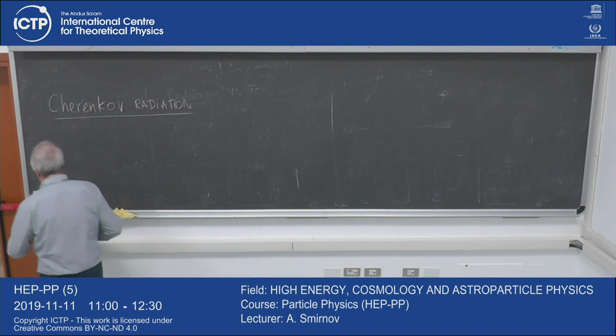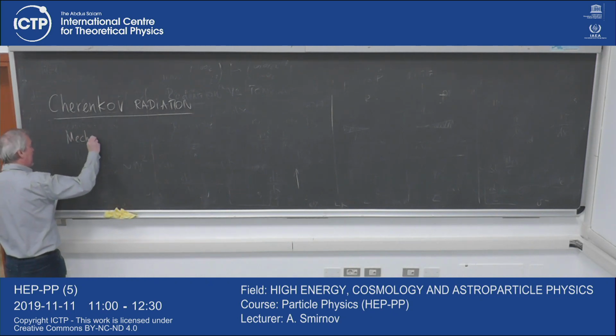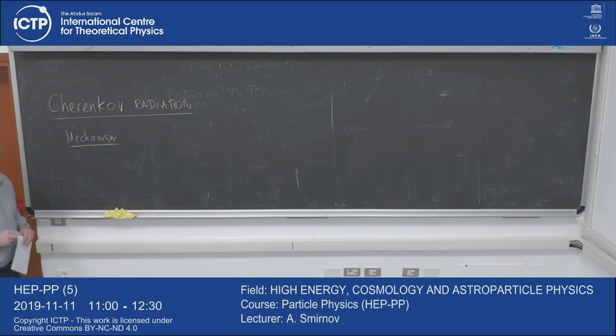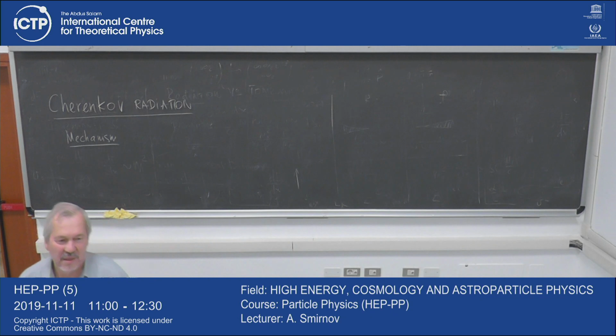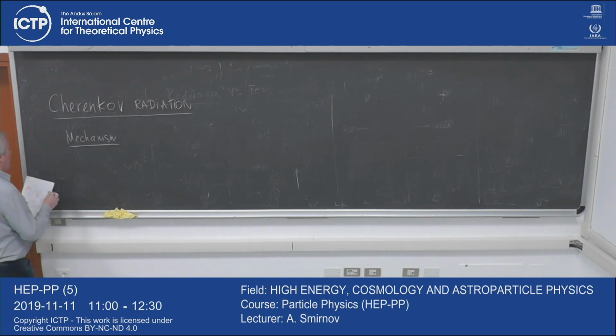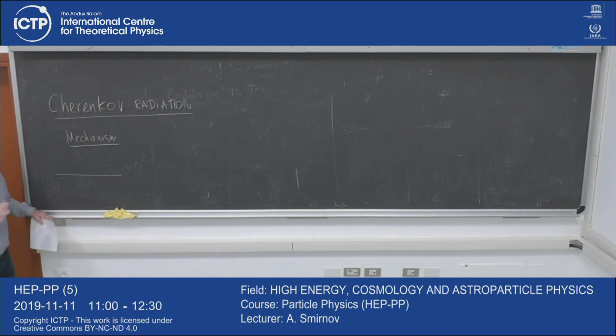Now what is the mechanism? We say that the particle is moving and emits Cherenkov light, which is not quite correct. What emits light is the medium. The particle moves in a dielectric medium, which means it is not a conductor, otherwise this radiation would not exist.